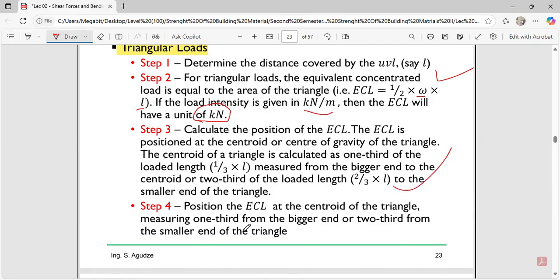In step 4, position the ECL at the centroid of the triangle, measuring 1/3 from the bigger end or 2/3 from the smaller end.